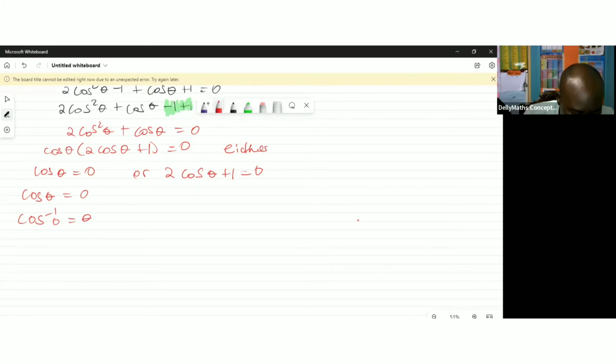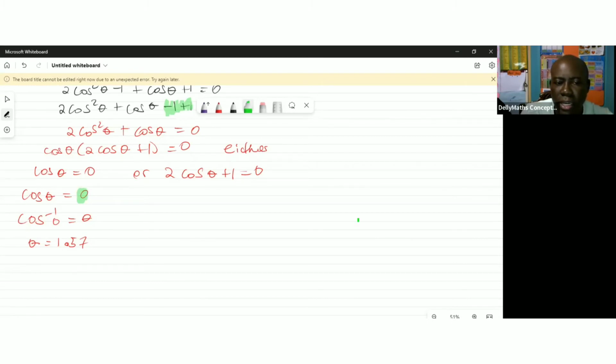But if we're working in radians, then inverse cos of 0 gives the value 1.57, which is equivalent to 90 degrees. This is neither positive nor negative, but it is where the angle gives a 0.